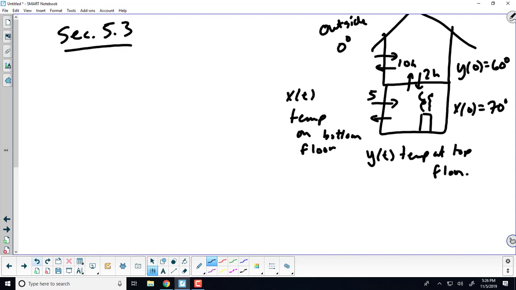Notice, these would be two separate problems that we could just solve individually by Newton's law of cooling if we didn't have this interaction between the two floors. Because of that interaction, it becomes a system that has to be solved as a system. So that's a motivating example for where we're going. I don't know if that fits with some of your classes in heat flow and whatnot, but anyway, there's that example.